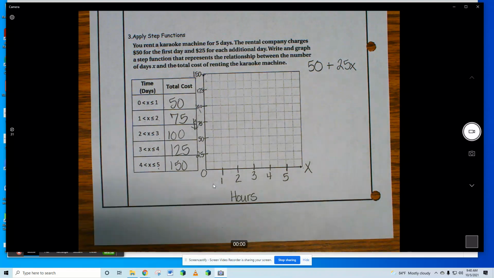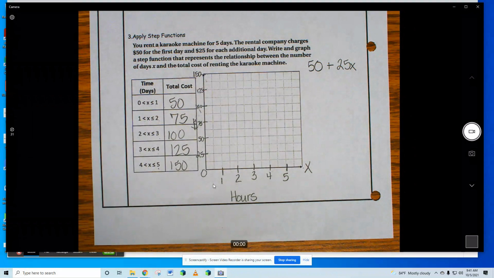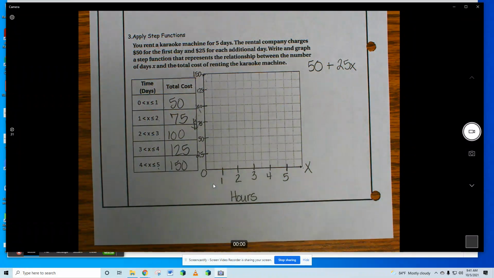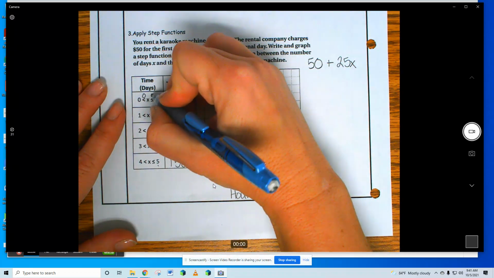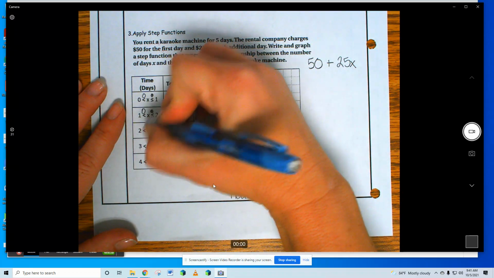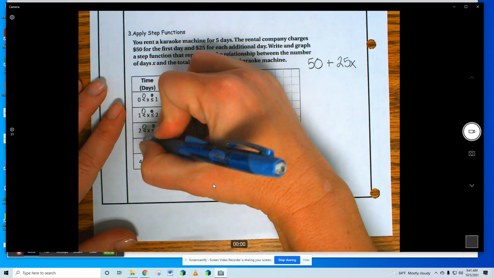Okay, here we go. Between 0 and 1 hours, open circle, close circle. Open, closed. Open, closed. Open, closed.